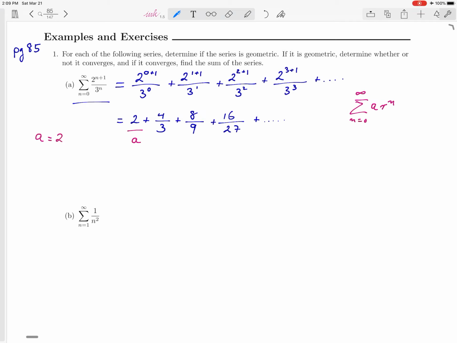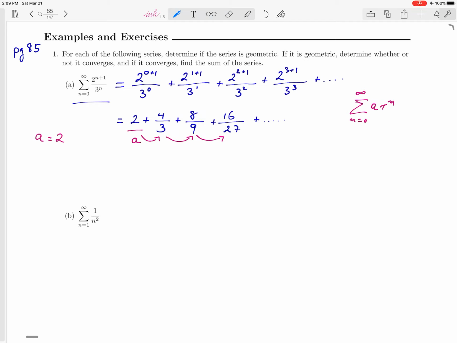So we have a is equal to 2. And r, how do we find r? R is the common ratio. So r is the value that we need to multiply the first term by to get the second one, if it indeed is a geometric series. So we need to know, is there a number that we can multiply the first term by to get the second, and then does that same number work for the next term and the next term?